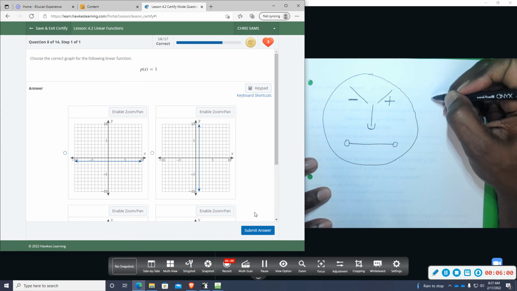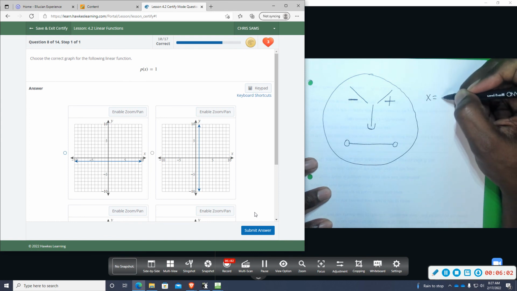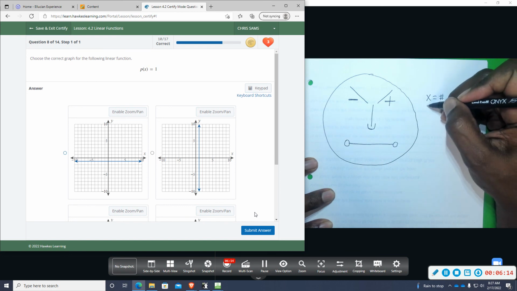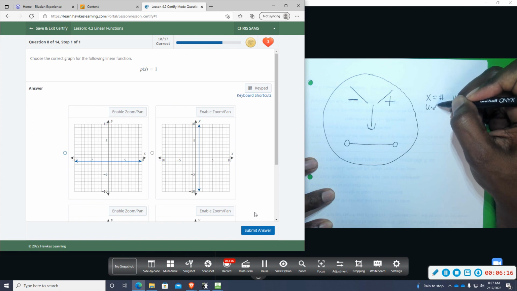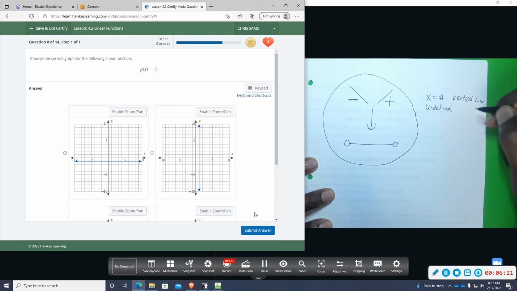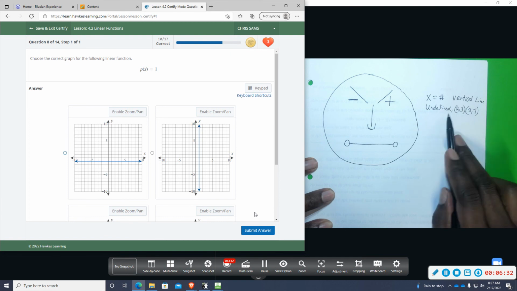But let's talk about these two special cases. So if you have x equals some number, that will give you a vertical line. The slope is undefined. And then you can notice it from an ordered pair because you would have the same x value. So for example, I could say 2, 3, and then this would be 2, -1. If you see the same x value, that's giving you what your equation is.